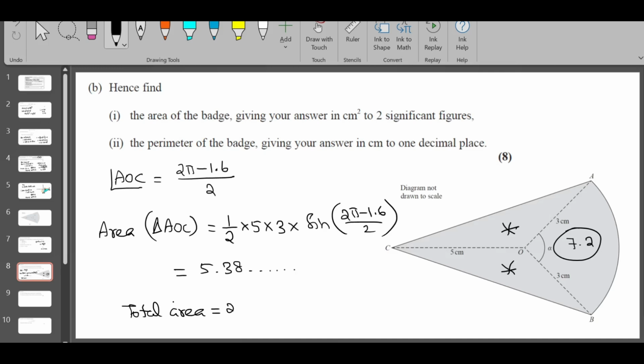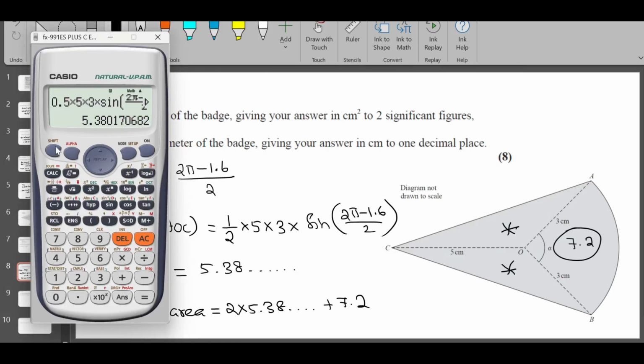Now the total area is 2 times the area of the triangle, because there are two congruent triangles, plus the area of the sector. That's the answer for I. So I'm going to store this value, we might need it, as A. So 2 times A plus 7.2.